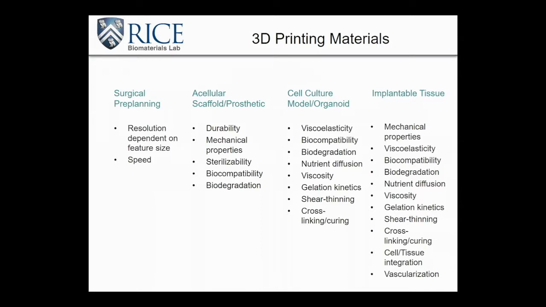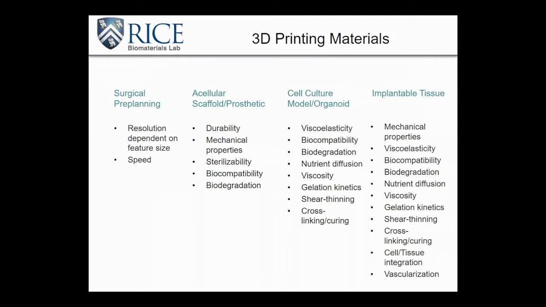So it's very easy to jump into 3D printing and use something for surgical pre-planning when you're really only concerned about resolution as well as speed of your print and potentially, the feel of the materials themselves, things like stiffness, mechanical properties to give the surgeons or clinicians a better idea of what they're facing. But when you get all the way into implantable tissues, which is really what we're going to gear a lot of our research and our presentations today, you get into a myriad of challenges.